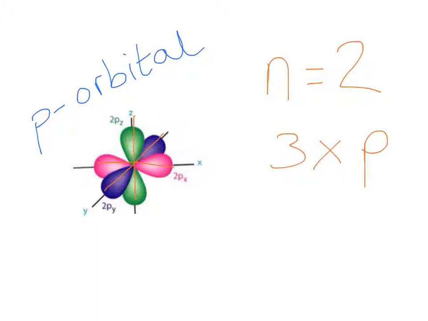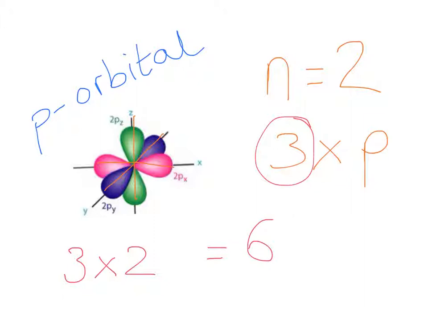So, in our second shell, we have 2 electrons in each orbital. We have 3 orbitals in total, so we have 3 times 2 equals 6 p electrons in our second shell.